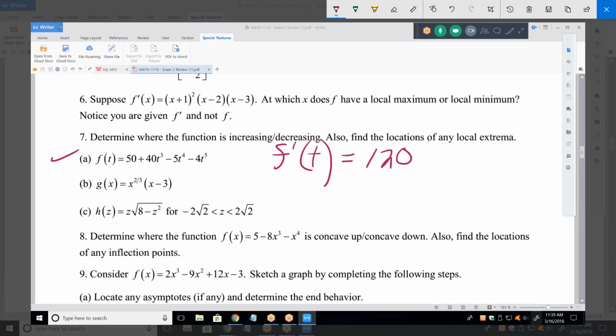In other words, here's our derivative. So where is that positive and where is it negative? Now, I can factor that, which you want to do, and I'll show you why.